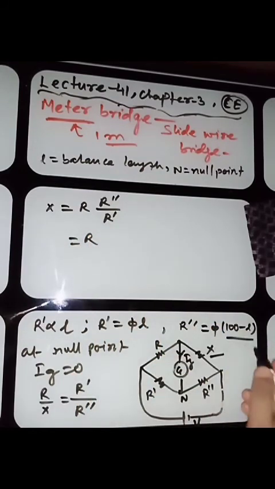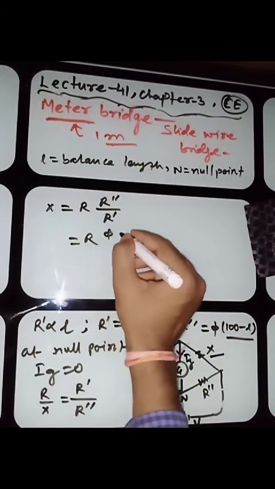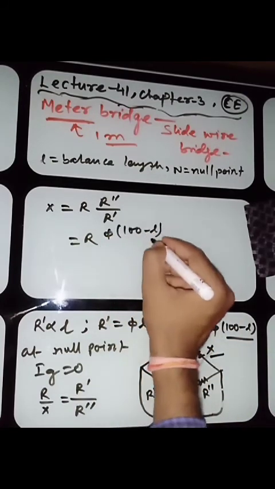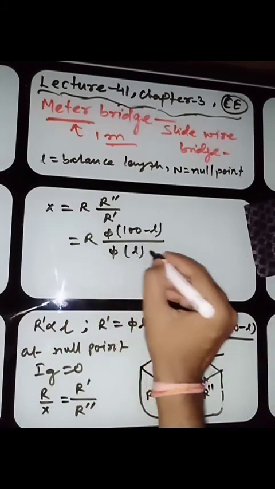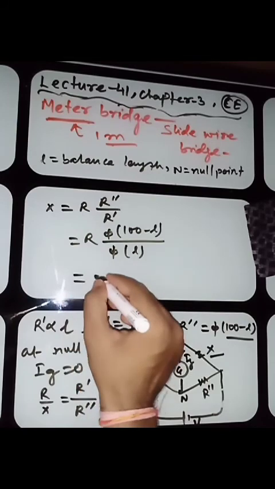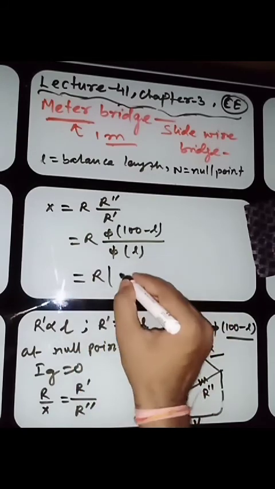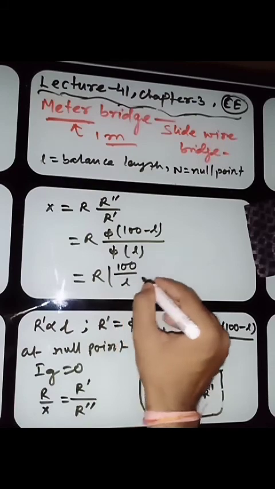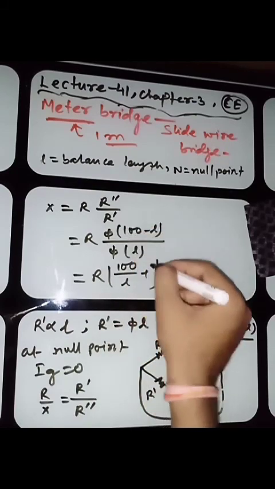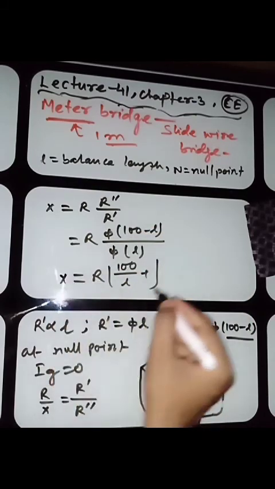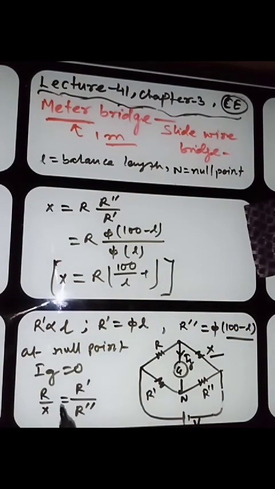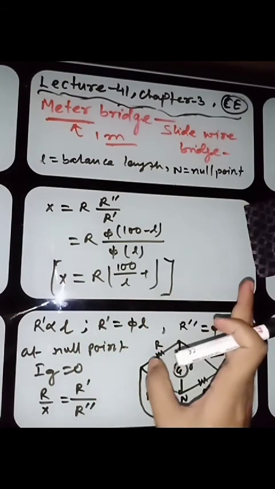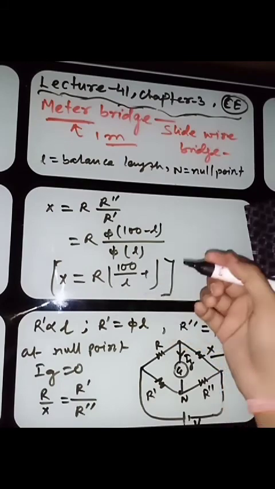It is (100 minus 5) times (100 minus L) divided by R dash, which was 5 times L. So it is R times (100 by L minus 1). You can see 5 will be cancelled out, and this is the value of the unknown resistance. I hope my dear students, you understand how to find the unknown resistance.